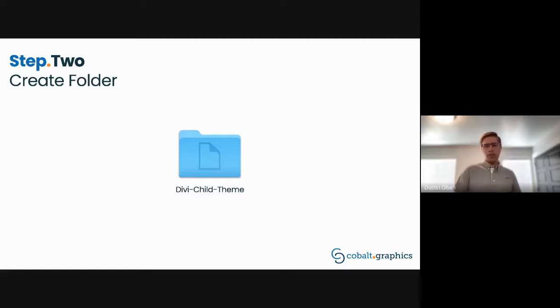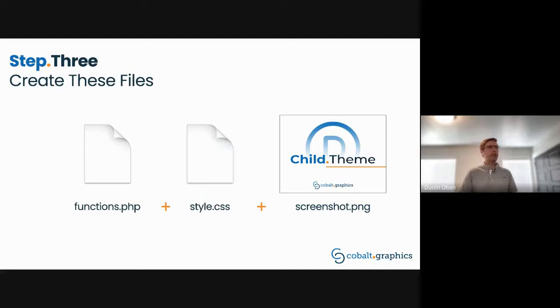Next, we need to create a folder, and you can call it really whatever you want. Divi Child theme makes the most sense. So create a folder, and inside of that folder, we're going to create these three files. We'll use one of our text edit apps and create a functions.php.